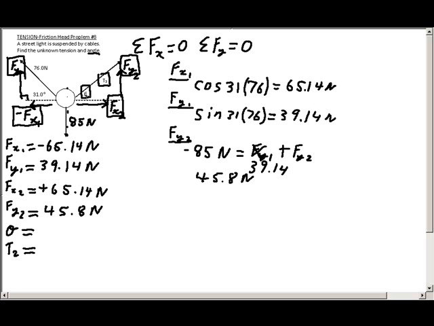Now that allows us to tackle theta if we choose. The way we're going to do theta is we know this value, F of y2, there it is. We know F of x2, there it is.